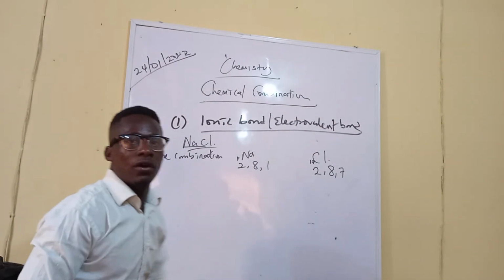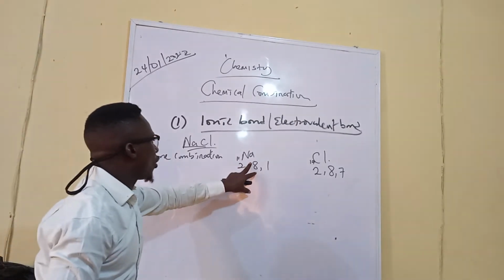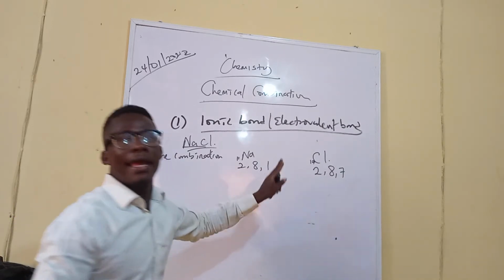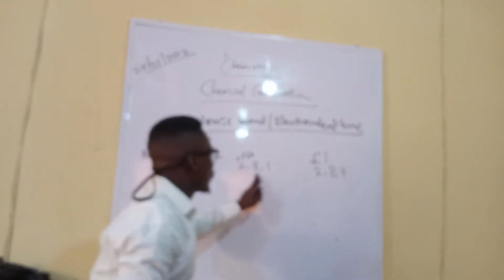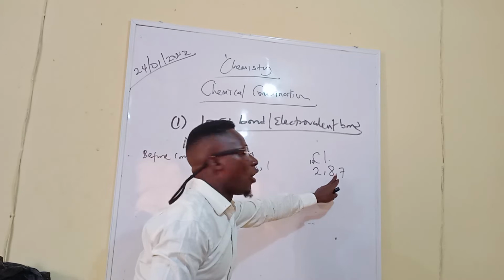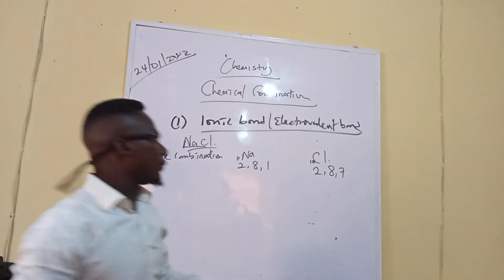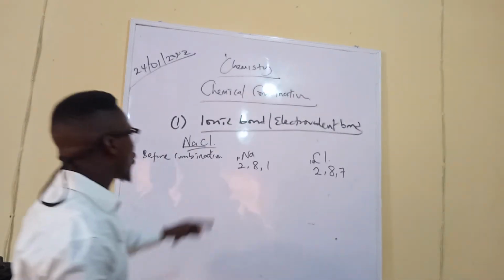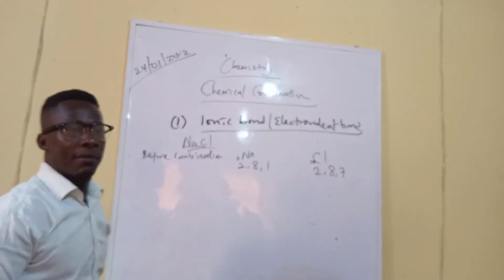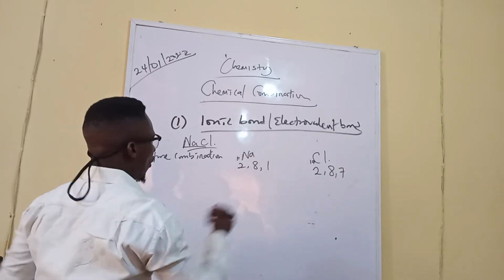So in order to attain an octet structure, sodium will lose one electron. We transfer this one electron to what? To chlorine, so that sodium becomes 2, 8 and chlorine becomes 2, 8, 8. Now let's show by means of a diagram how this is being done.